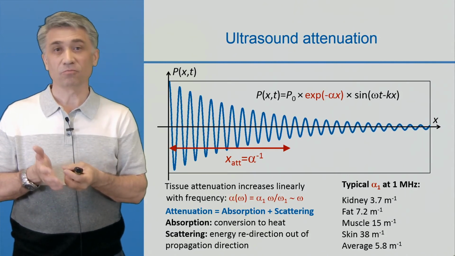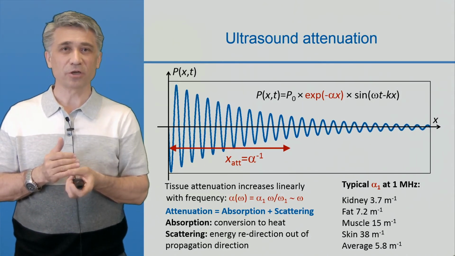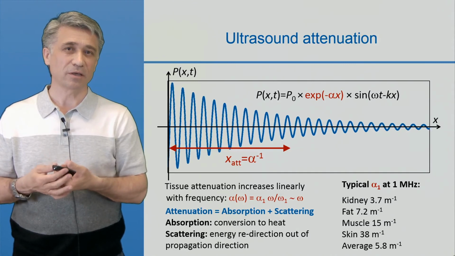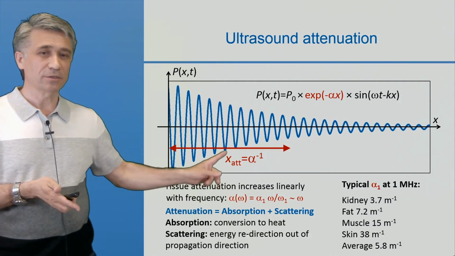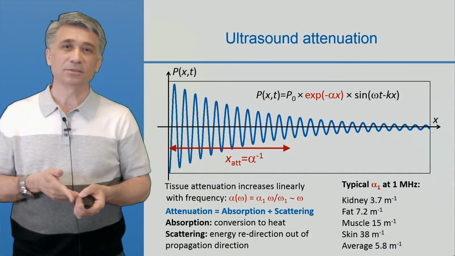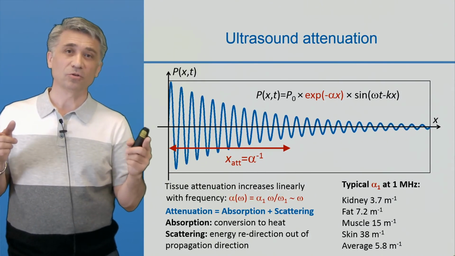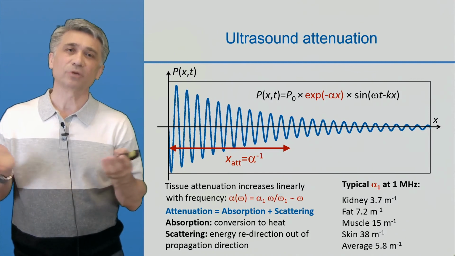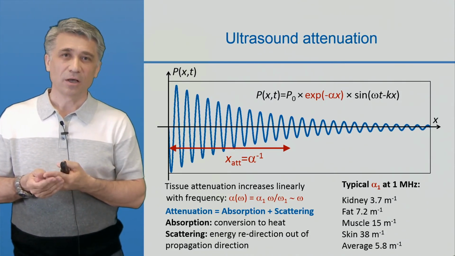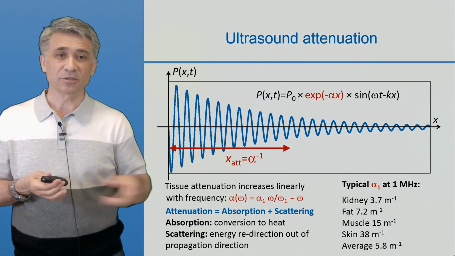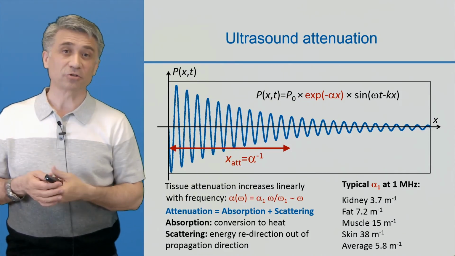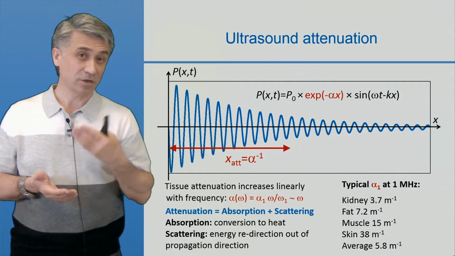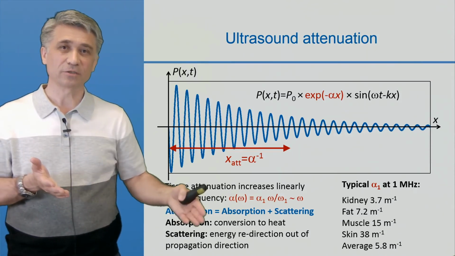And for a plane wave, for instance, the attenuation happens in such a way that the amplitude decays exponentially. And if you look at this scale, and this scale actually shows how long the ultrasound propagates, or any wave, not only ultrasound. And this decay is explained by this coefficient alpha, which is called attenuation coefficient. The higher the alpha, the quicker the decay.